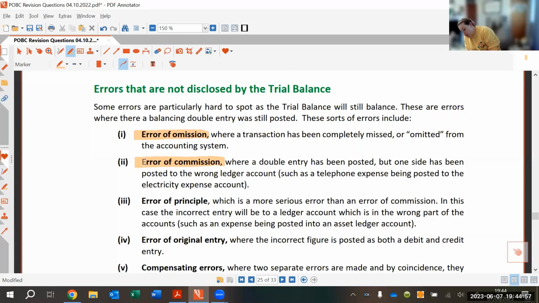So maybe we've got a telephone expense, but we've actually posted it to electricity expense. That means we haven't got the correct figure recorded for how much we spent on our telephone bills, and our electricity bills are showing higher than they should be. So it's not an accurate figure for those two accounts. That is exactly what your error of commission is. With that one, it's a case of removing it from the electricity expense account and popping it into the telephone expense account. It's in the right place.